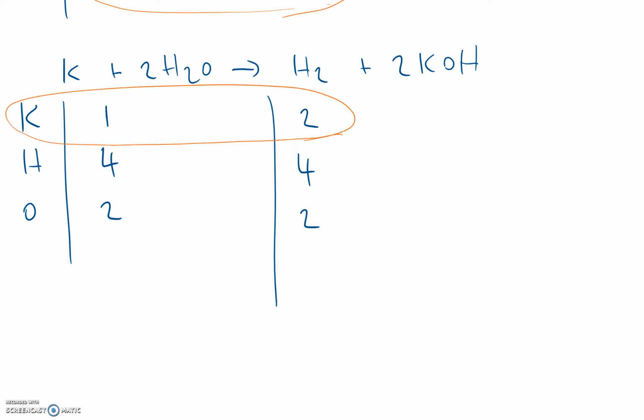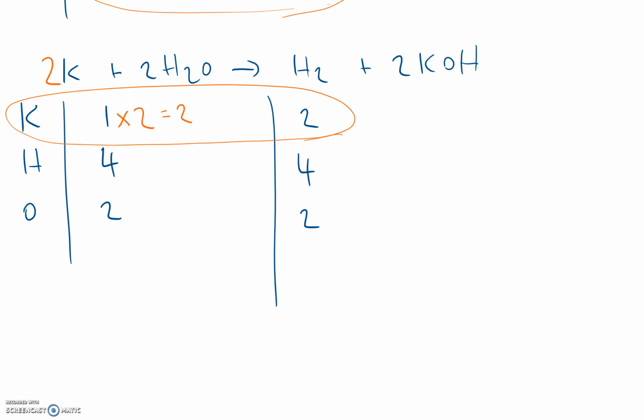This time, I can see that there's only 1 potassium on the left and 2 potassium on the right. So I can fix this by adding a coefficient of 2 in front of potassium. And it looks like my equation is balanced.